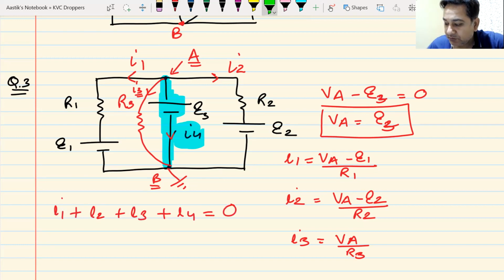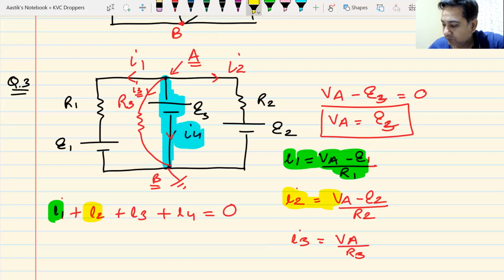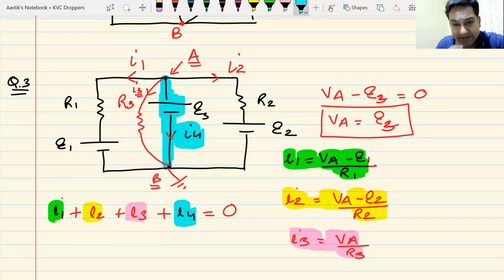You know I1, you know I2, you know I3. So you can tell me the value of I4. Yes or no? Yes, sir. What will be the value of I4? It will be the negative of all these things in the summation. Yes or no? Yes, sir.